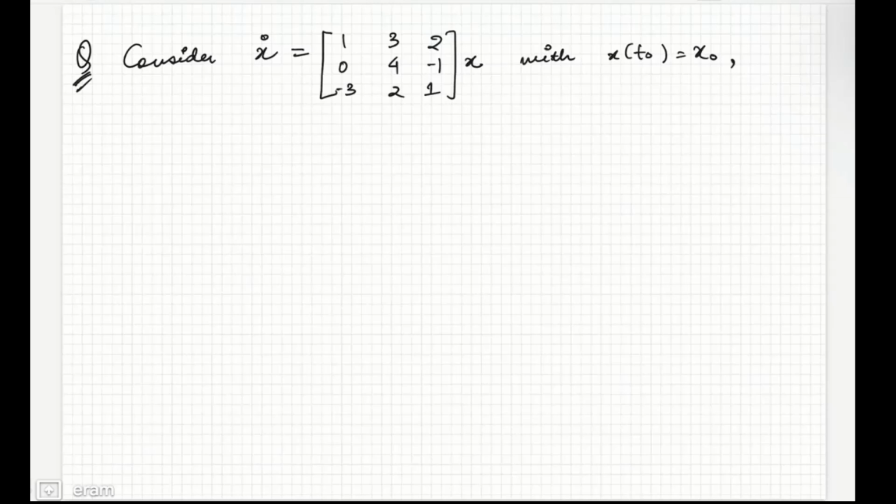Then comment on the solution, whether there will exist a unique solution, infinitely many solutions, or finitely many solutions. What can we comment about the solution x of t for this initial value problem?